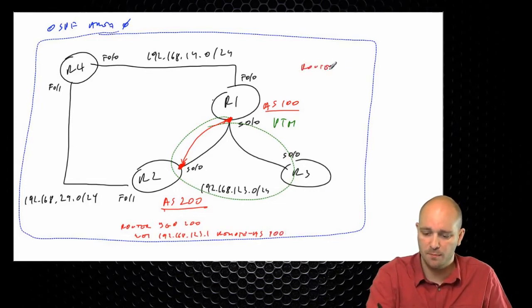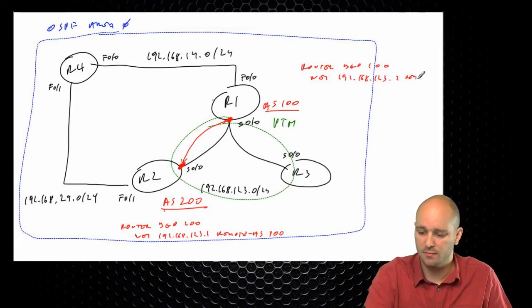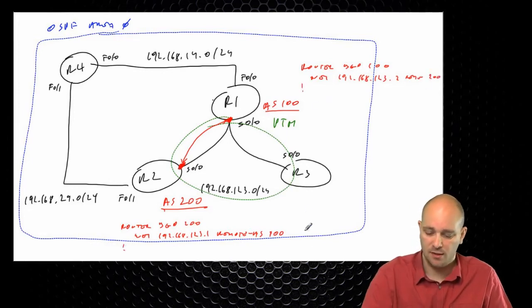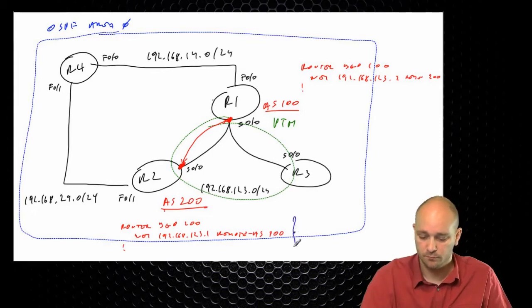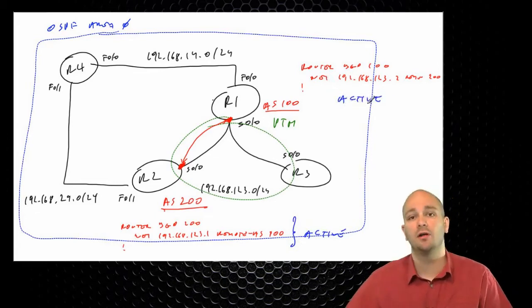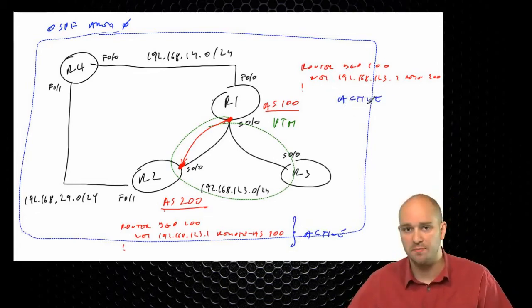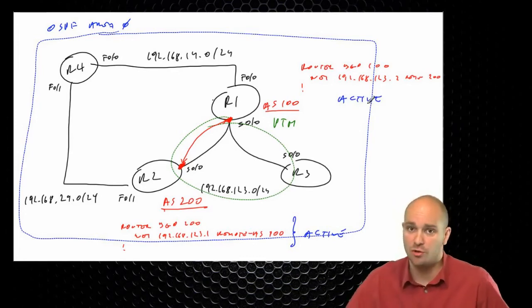You say router bgp 100, and you say neighbor 192.168.123.2, remote-as 200. And what happens is this neighbor here goes active. This session here goes active, but they never establish. It never works. And you can wait for as much as you want. This session will not establish.